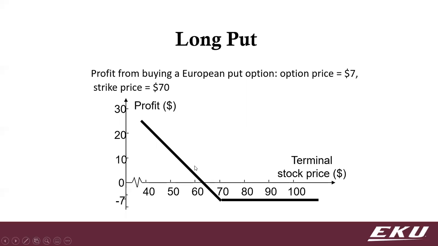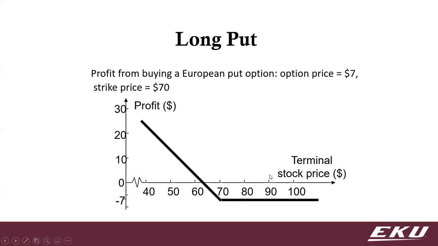Now, being long a put goes the other way. So you would purchase this, in this case, for $7 with a strike price of 70. And then if the stock price falls, you make that additional money up to the limit of, the price could only go to $0, right? This could only go all the way back to 0, in which case you would make $63.